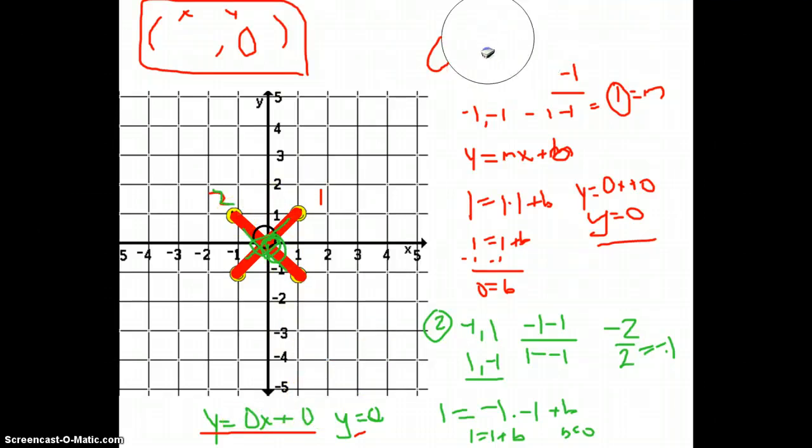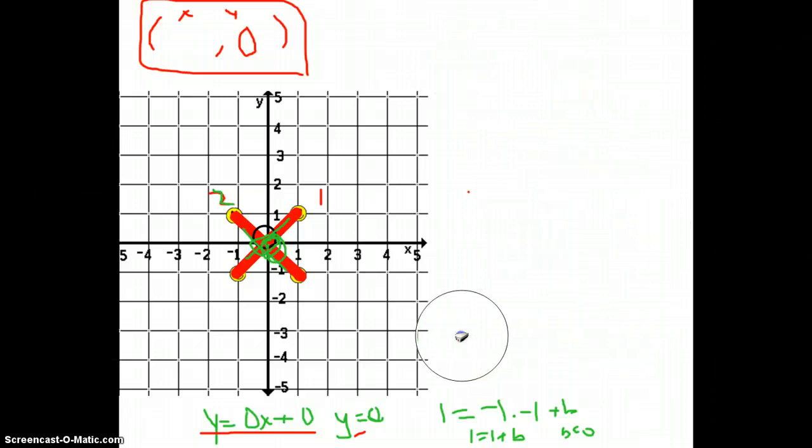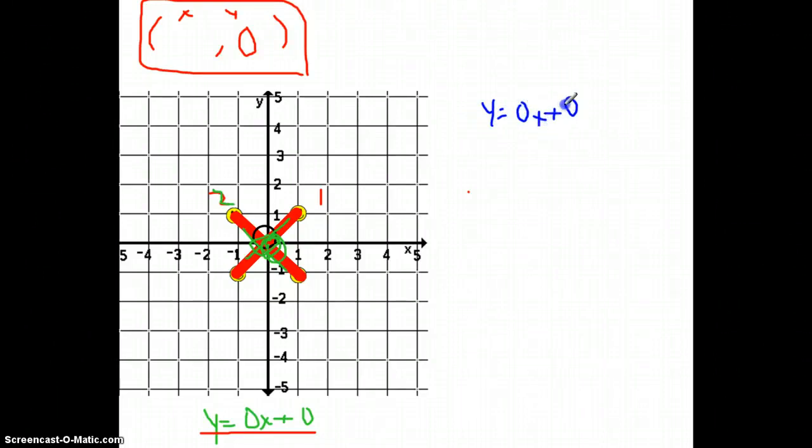Let's erase all this because we don't need it right now. Let's rewrite right here y equals 0x plus 0. Let's use 0 for y, so 0 equals 0x plus 0. Now subtract 0.